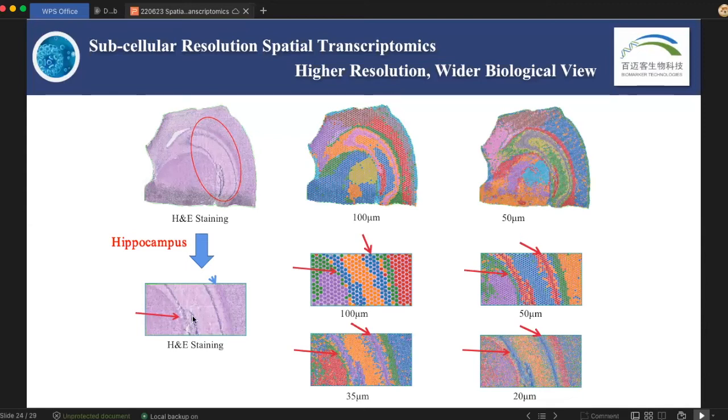This is a different cell type or different type of tissue, and it can be resolved at 35 micrometer resolution. At 20 micrometer resolution, given the limitation of the detection, maybe there is a bit more noise, but it still gives you a very clear structure of this tiny organization.